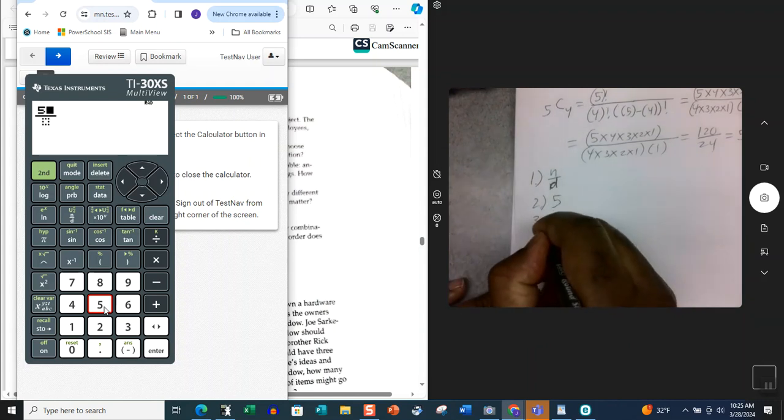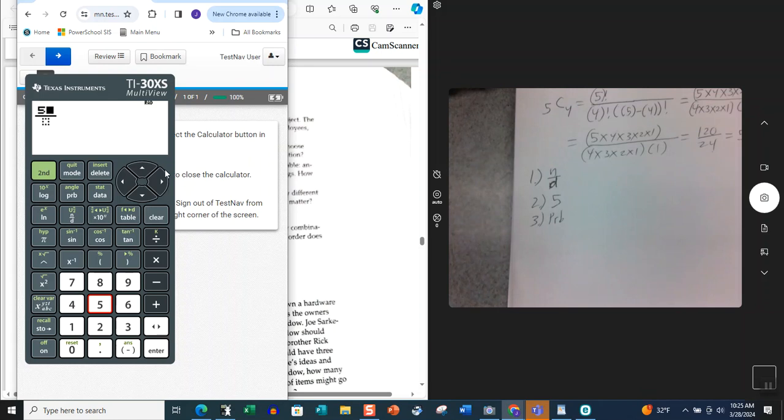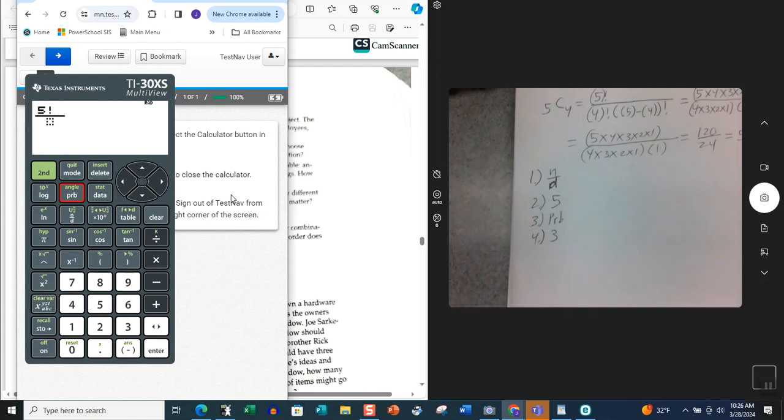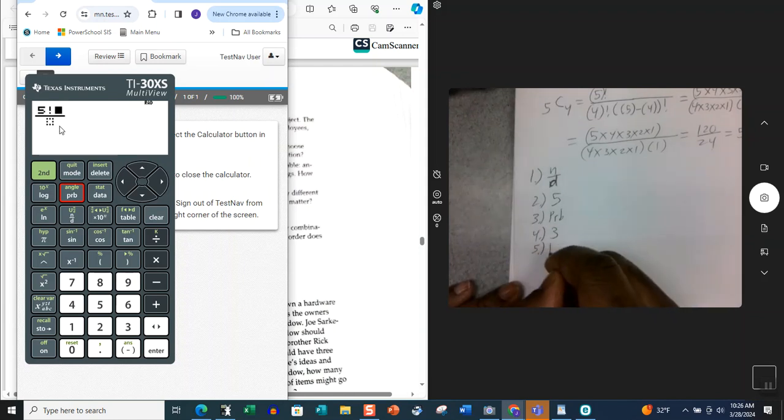Step 3, you will hit the PRB button, which is here. Step 4, you will hit the number 3. Now you see you have the 5 factorial. Step 5, you'll do the down arrow.